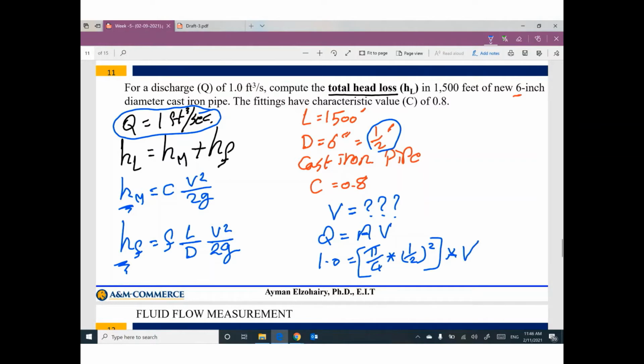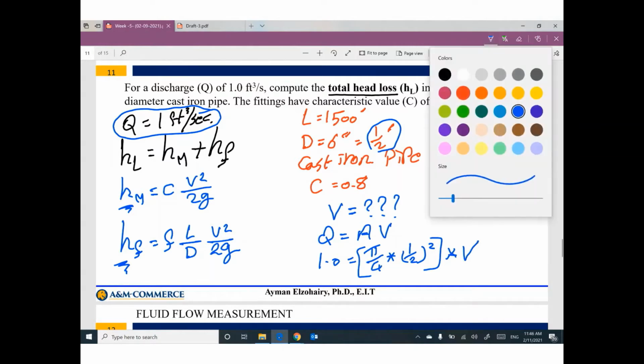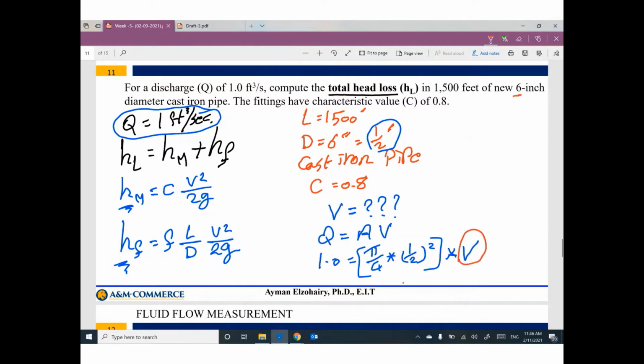Times V, I believe this equation can give you the velocity. Let's try. So pi divided by 4 times 0.5 squared. This velocity will be 5.1 feet per second.